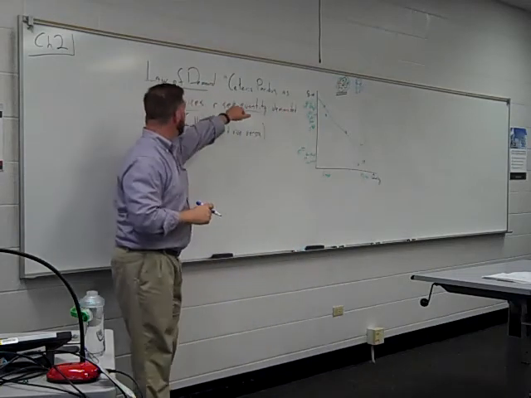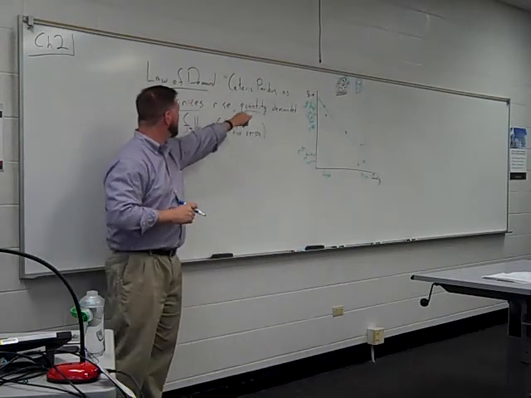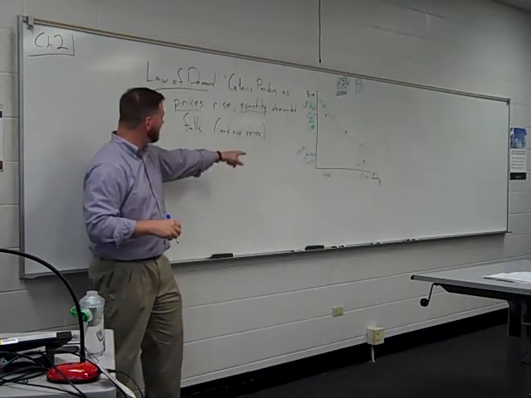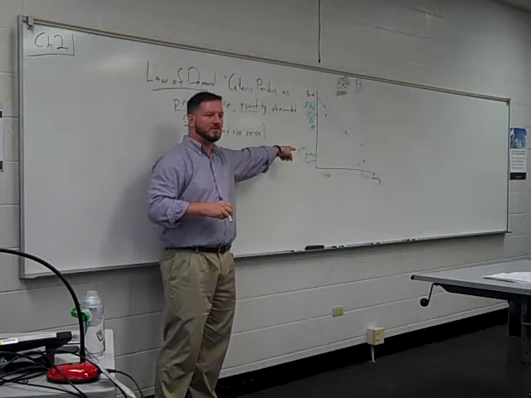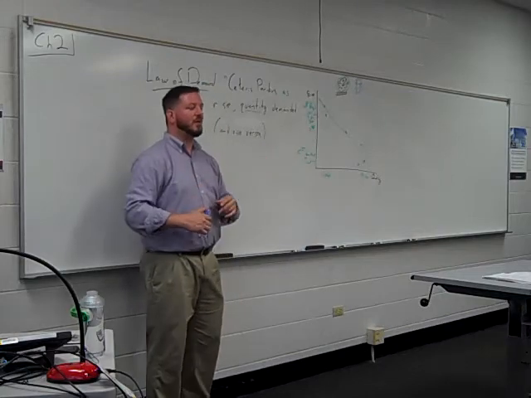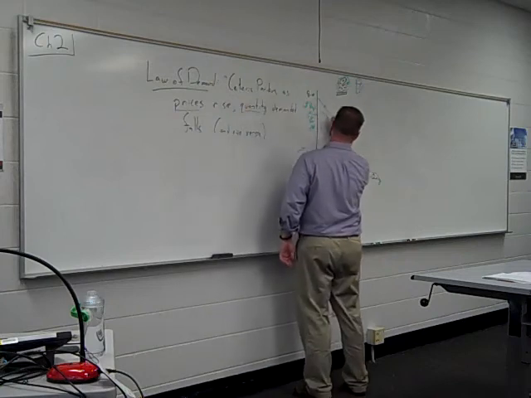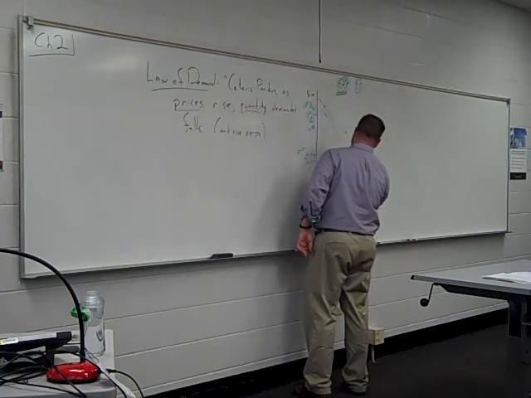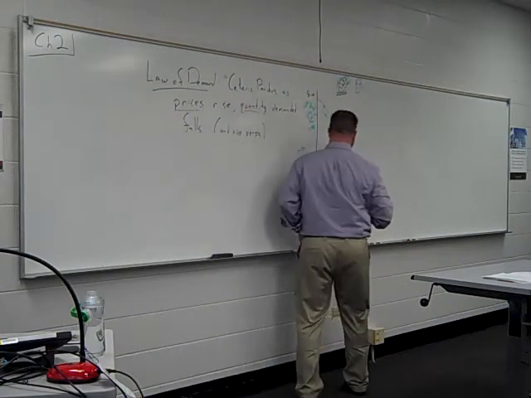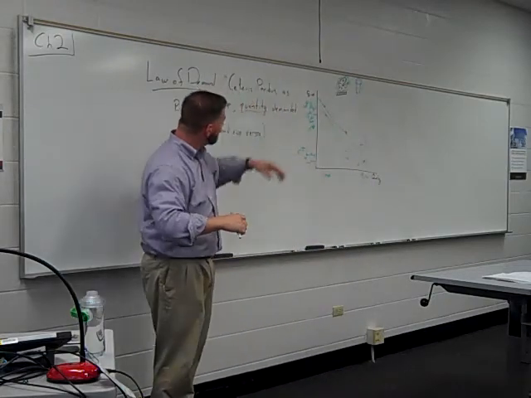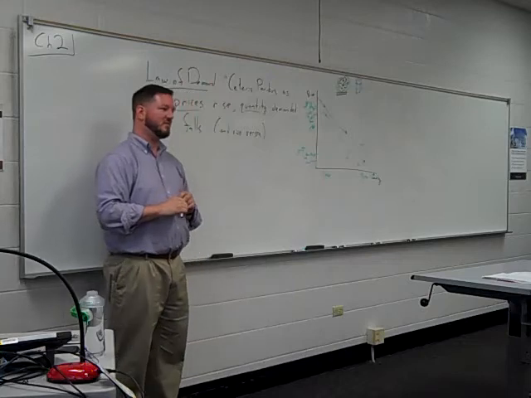All other things being equal, as prices rise, quantity demanded falls and vice versa. In this example, are we holding all other things equal? Not really. We're not holding quality equal, but still we're going to tend to see the same sort of pattern with our demand curve.